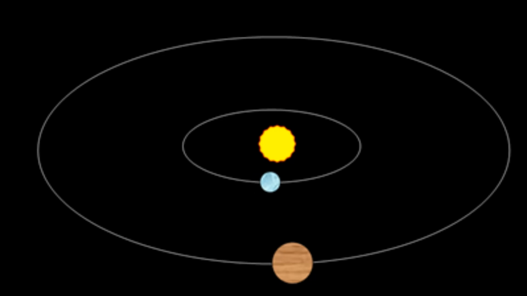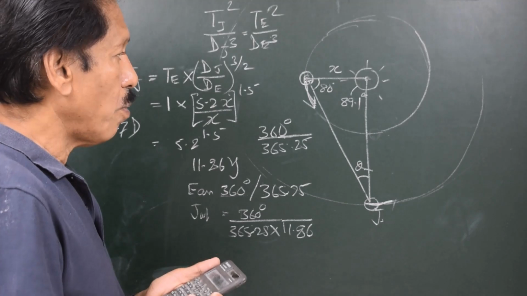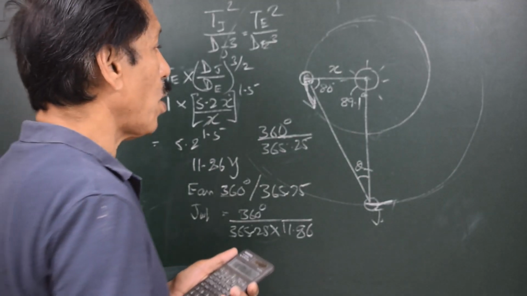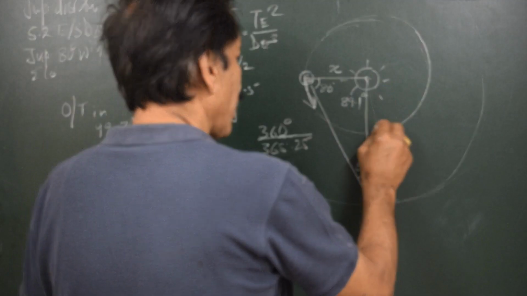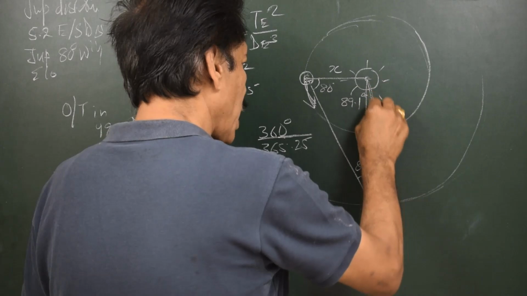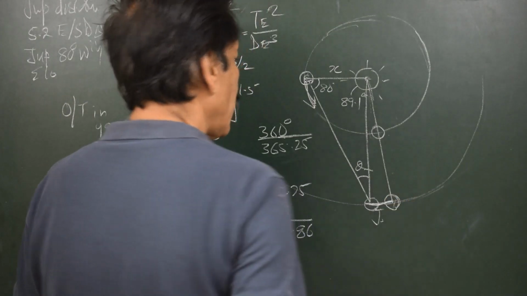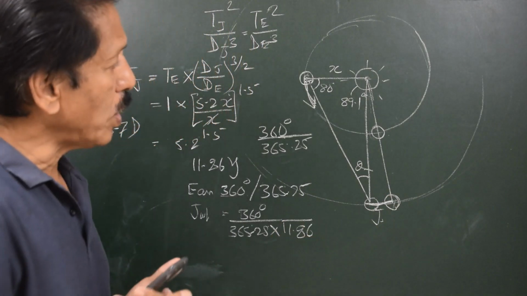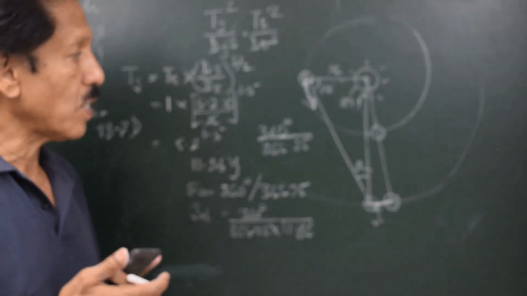In 98.7 days, if you calculate, you will find that the Earth moves in its orbit by about 97.3 degrees. That means Earth would move to a position something like this. And we say that at that moment the Earth is overtaking Jupiter. That means Jupiter surely would reach this position. So this is a situation where Jupiter is on the opposite side of the Sun.